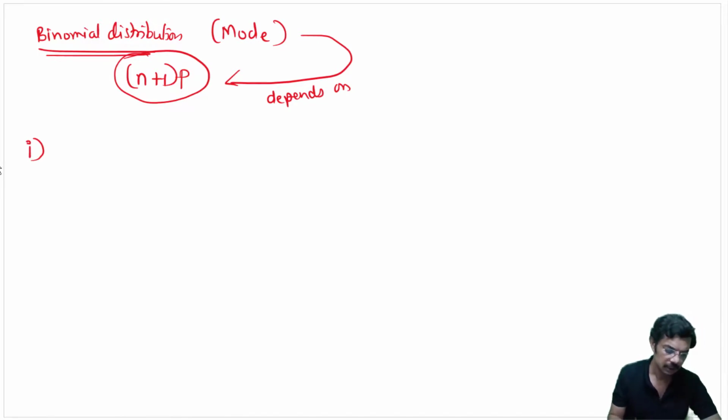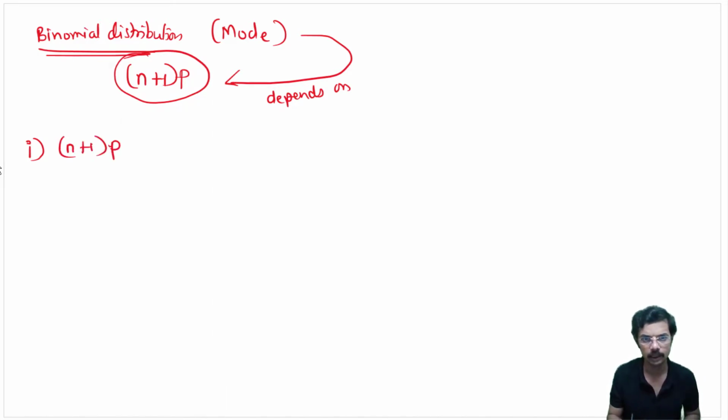The first case: if (n plus 1) into p is a non-integer, not an integer, okay, we know what an integer is.